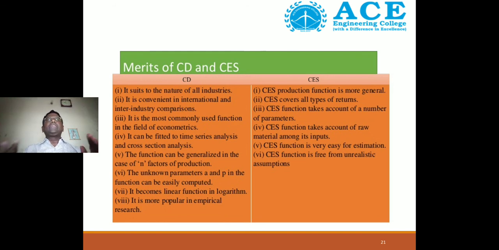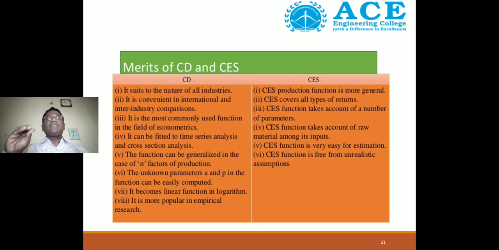For the Cobb-Douglas production function, we discussed 8 merits, and for the constant elasticity of substitution, we discussed 6 differentiations. So my dear students, in this session we are talking about returns to scale and the different types of production functions.